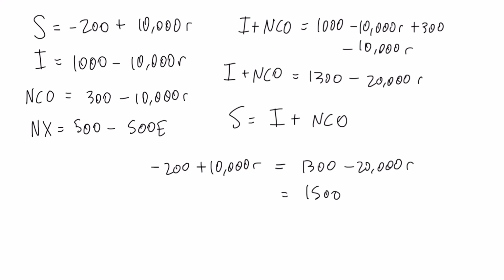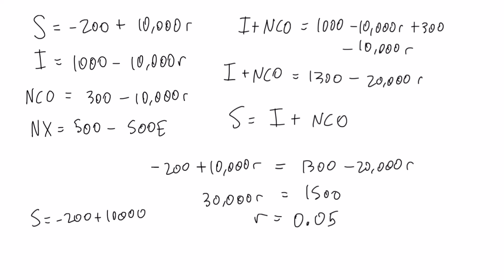Add 20,000 R to both sides to get 30,000 R over here. And then divide both sides by 30,000 to get an equilibrium real interest rate of 0.05.